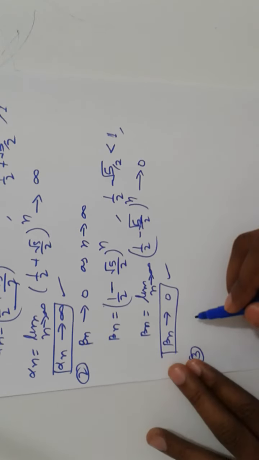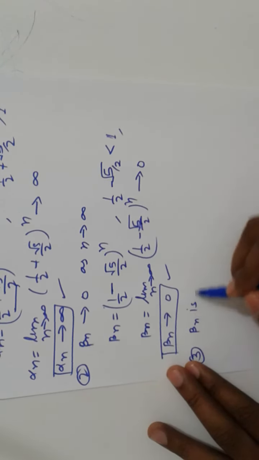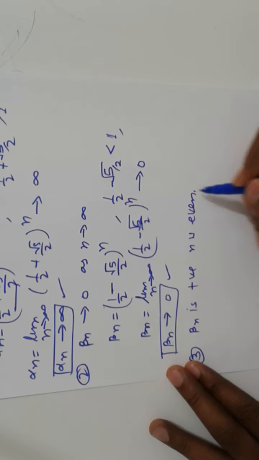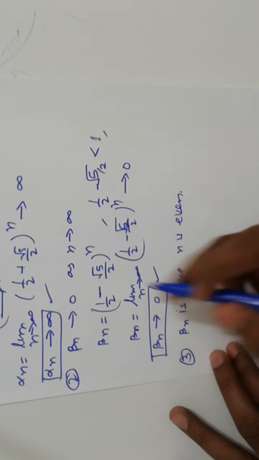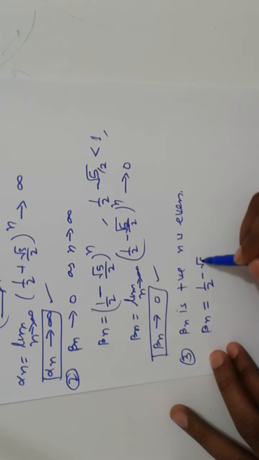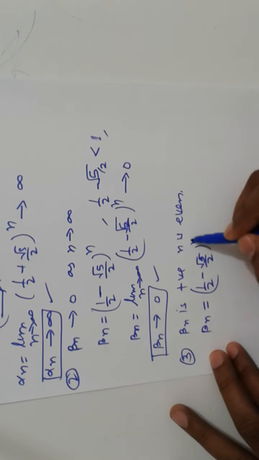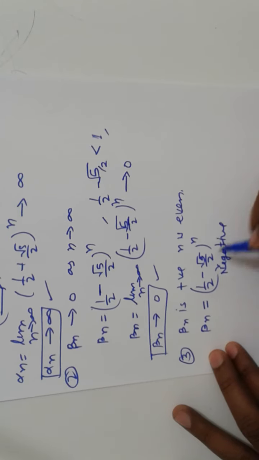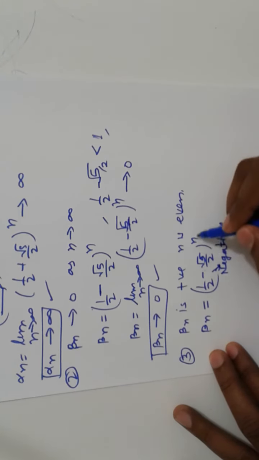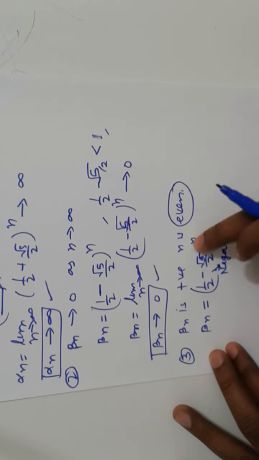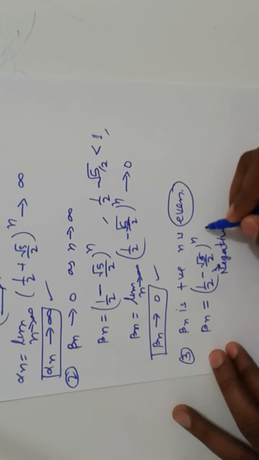The third option: beta n is positive if n is even. Check it: beta n is equal to 1 by 2 minus under root 5 by 2, raised to power n. Here that term is negative, but the power is even, and a negative term raised to an even power gives a positive value every time.